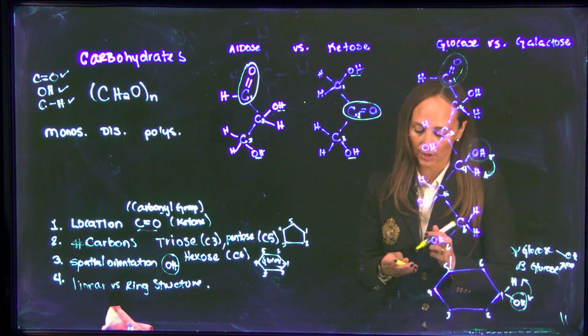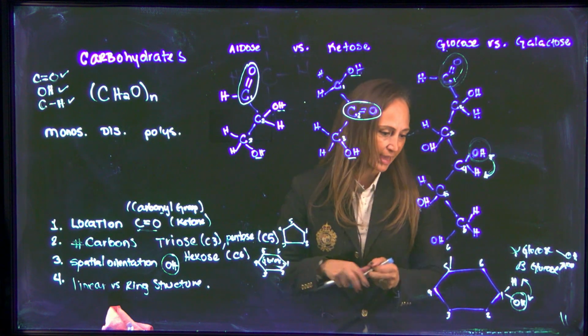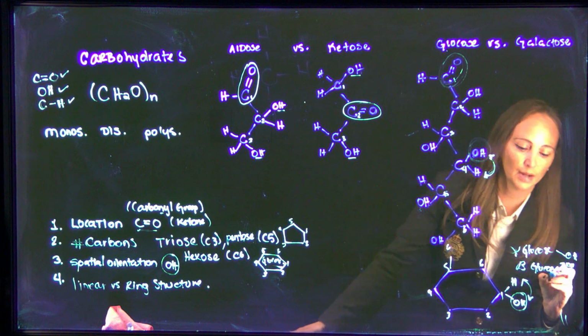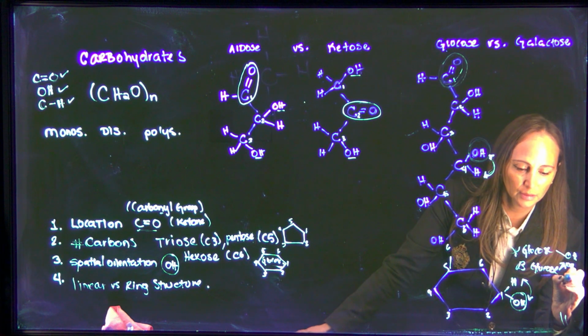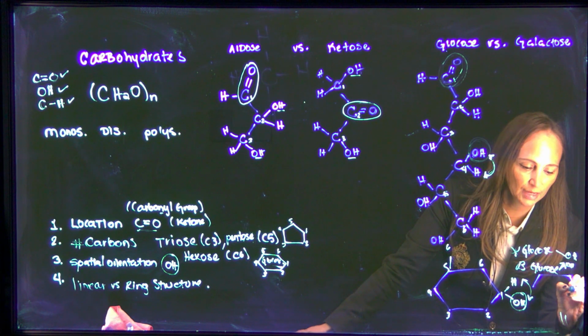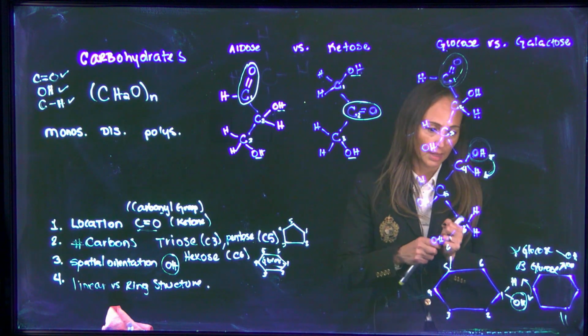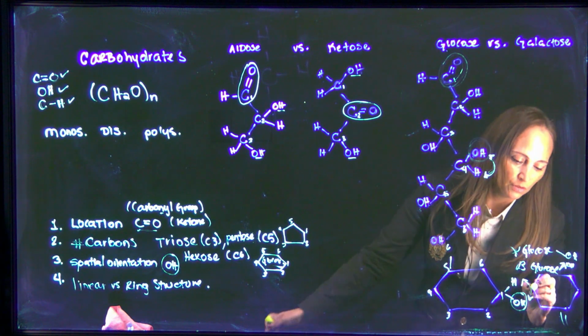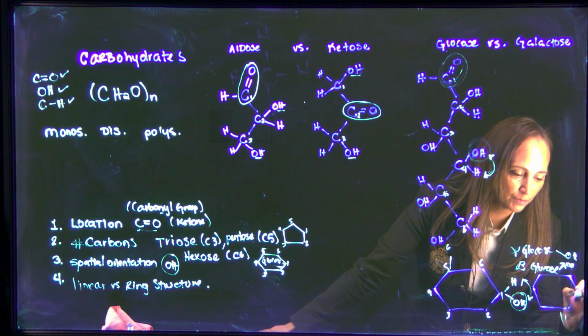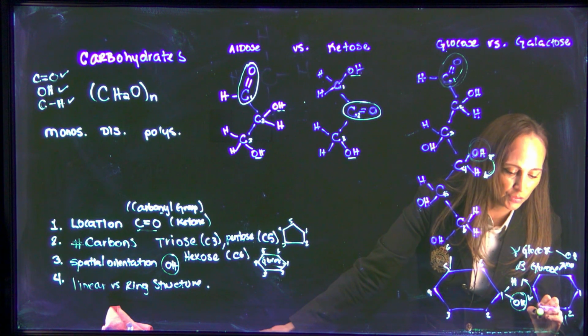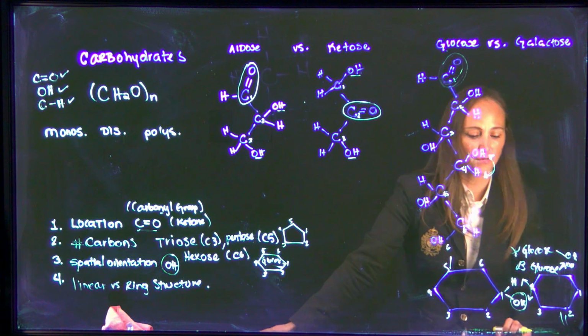So if I connect that carbon number 1 with another monosaccharide, another molecule of glucose right here, and I connect them over here, this is carbon 1, 2, 3, and 4.